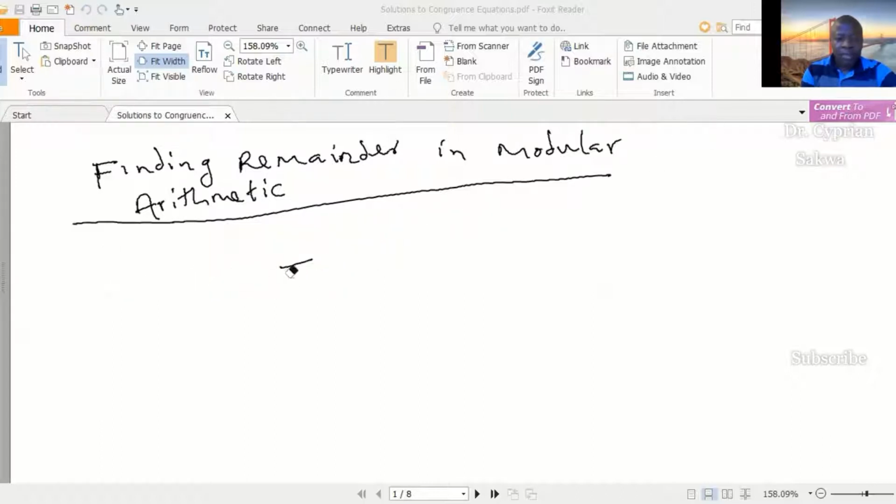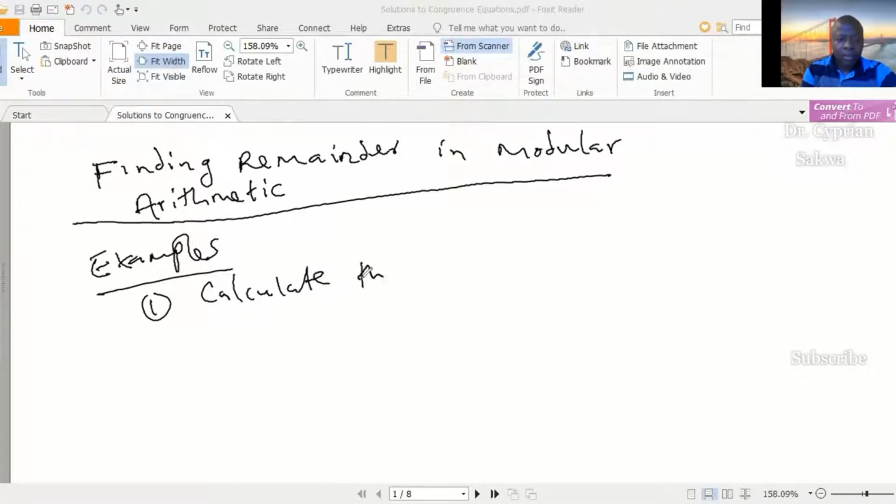So the first example that I want us to look at says: calculate the remainder of 99 on division by 11.